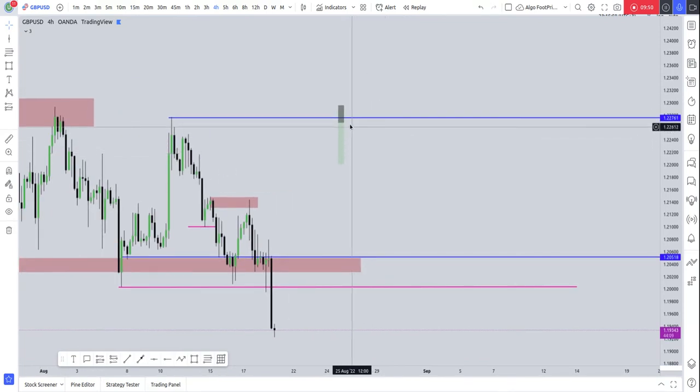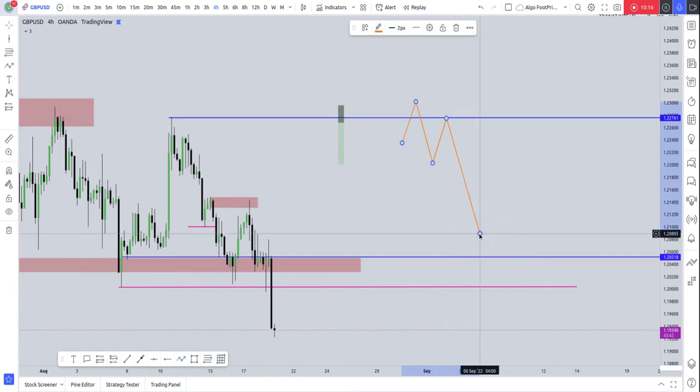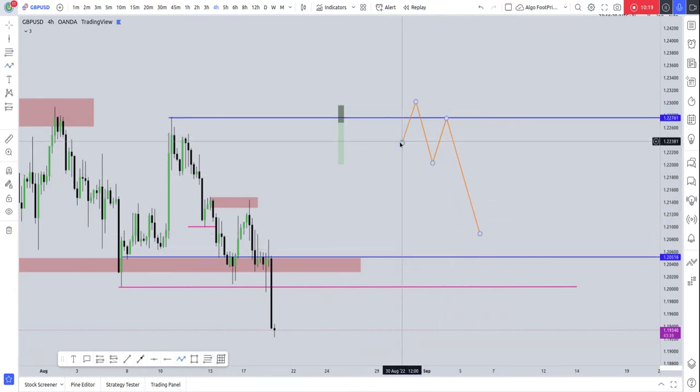If it closes below, then what you are going to be looking for on the lower time frame, M15, M5, is a market maker sell model, which is we have this high, this low, price takes it out, price comes back, and then let me draw it better, because you may not understand what it means.